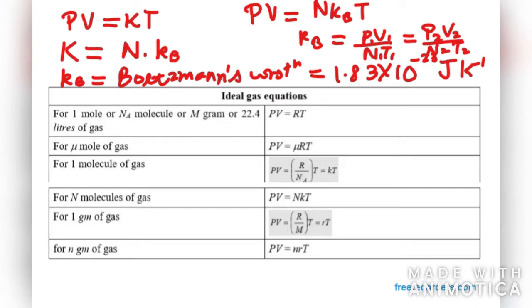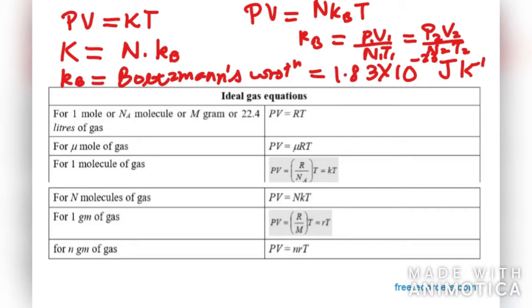The ratio of PV over NT in both cases will be a constant equal to the Boltzmann constant Kb, and its value is 1.38 × 10^-23 joule Kelvin inverse. Now let us move on to Avogadro's hypothesis.